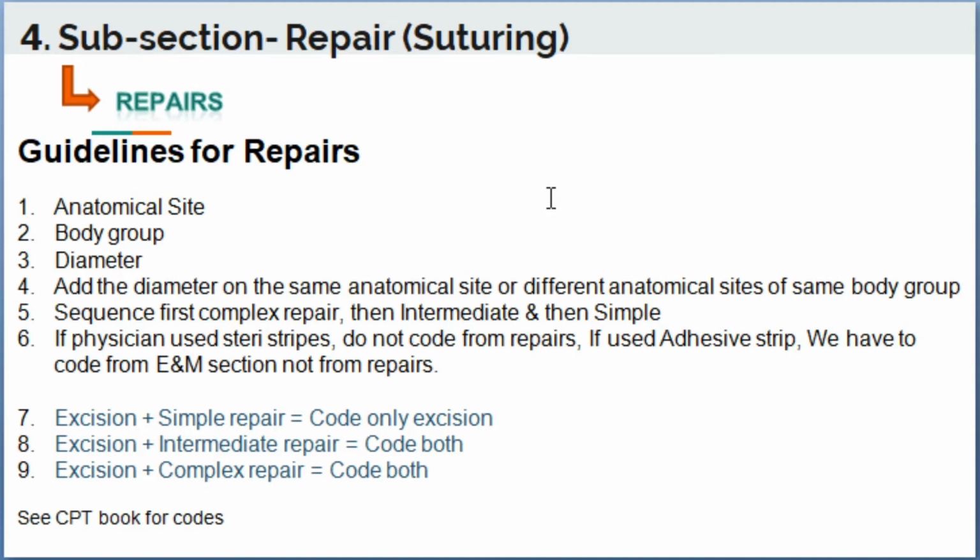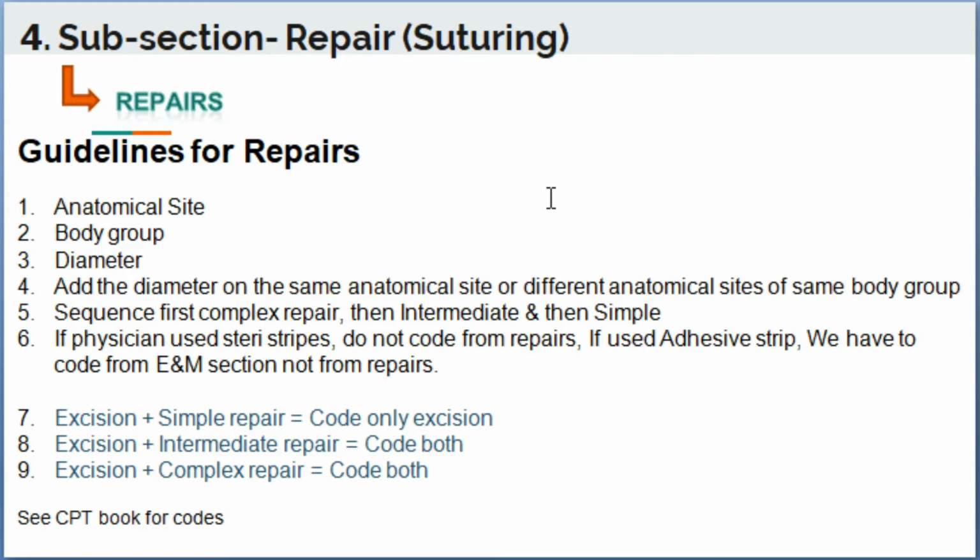And if the physician is performing excision and after that suturing the wound in extensive undermining fashion, then the coder has to assign two codes, one from the excision section and one from the section of repairs that is related to complex.